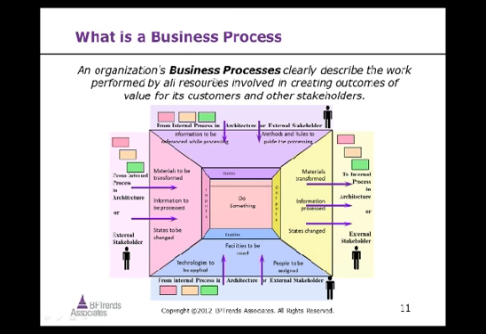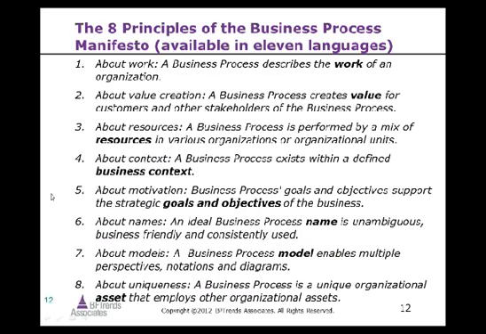So basically, an organization's business processes describe the work performed by all resources in creating outcomes of value for customers and other stakeholders. A very simple definition of a process, which we'll get back to. One of the things we've applied here is something called the Business Process Manifesto, which is now available in 8 languages on the BPTrends.com site.